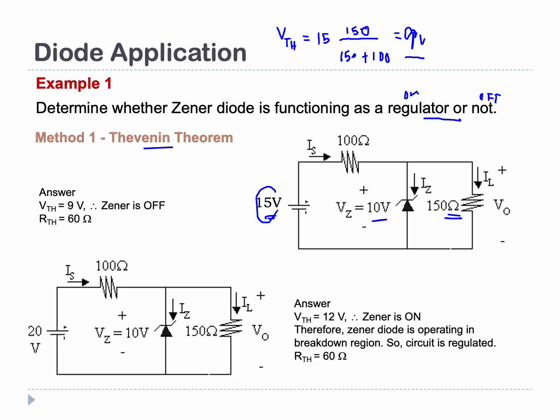So our V Thevenin is lesser than 10 volts.